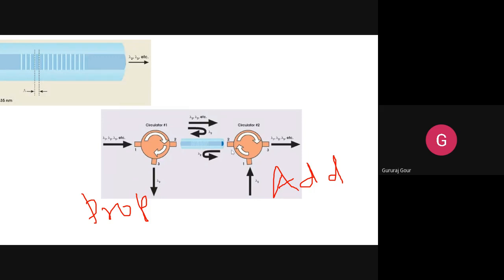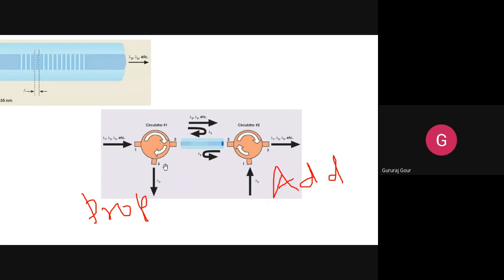You can even tune it to lambda 3, lambda 5, any specific wavelength that you want to drop. This way we implement the dropping concept. Add drop multiplexer means this is the dropping concept. Out of lambda 1, lambda 2, lambda 3, only lambda 2 is dropped from port 3 using the circulator and fiber grating material.